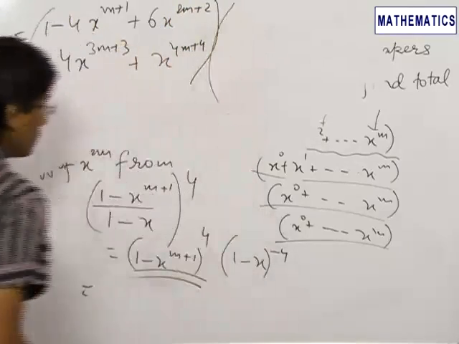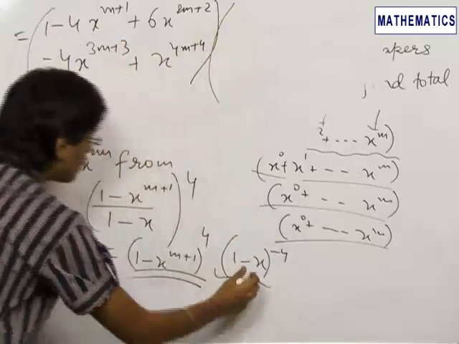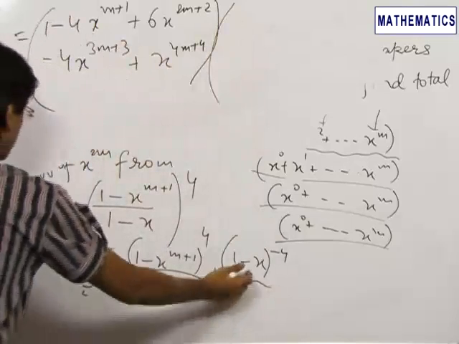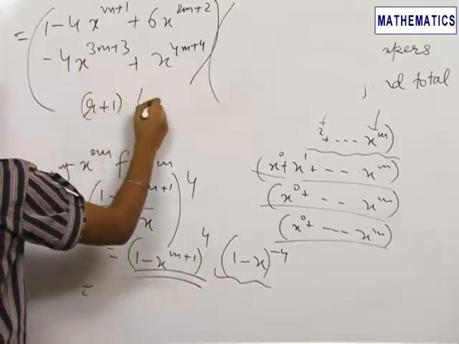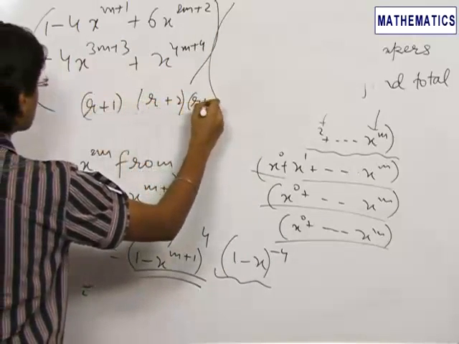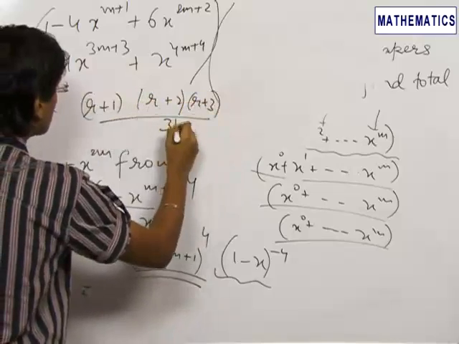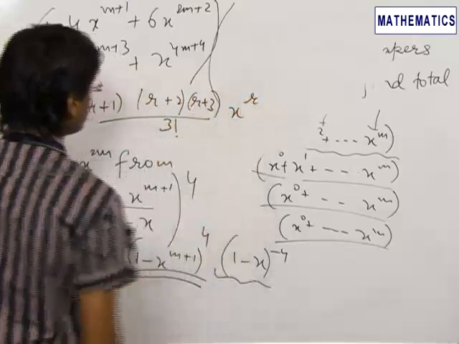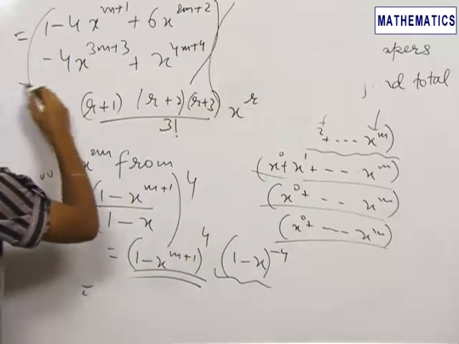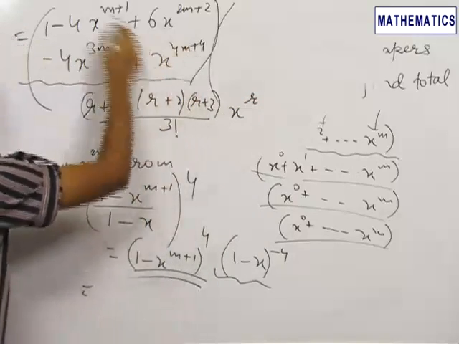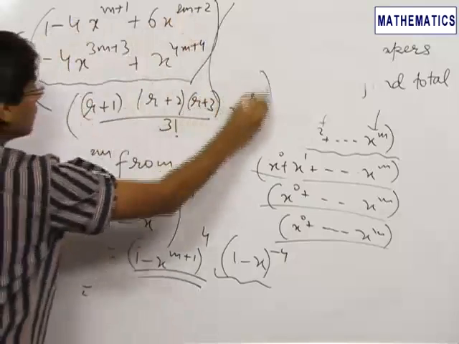multiplied by the expansion of this, and we know that a general term for this expansion is (r plus 1)(r plus 2)(r plus 3) upon 3 factorial x^r. So over here we need to find the coefficient of x^2m from the product of this bracket into this bracket.